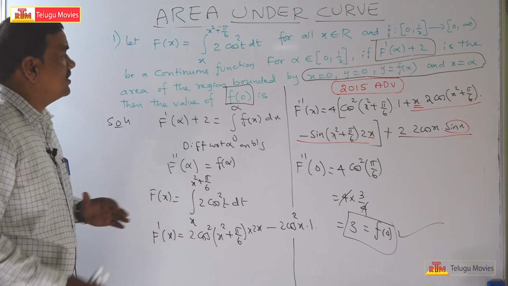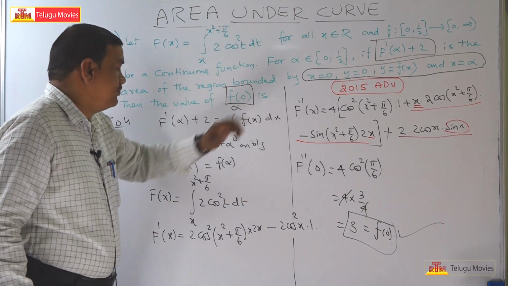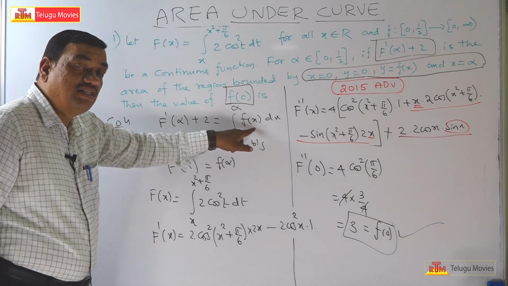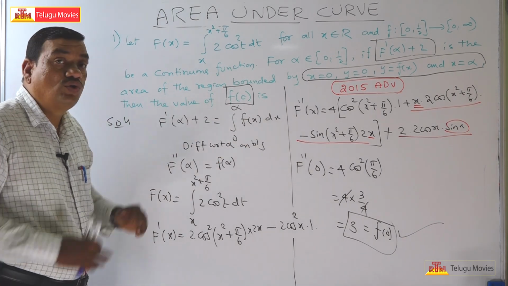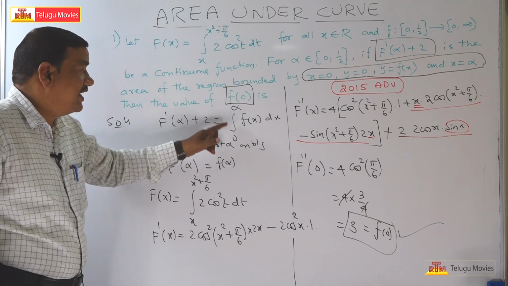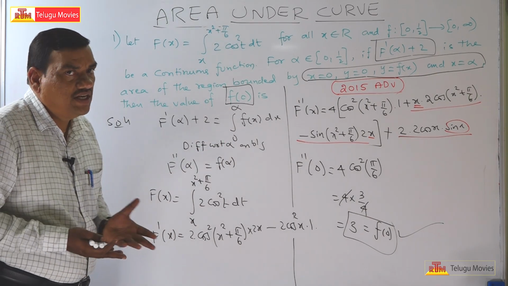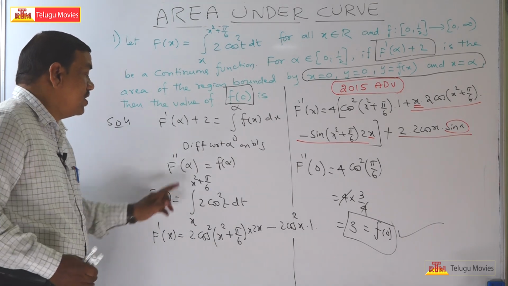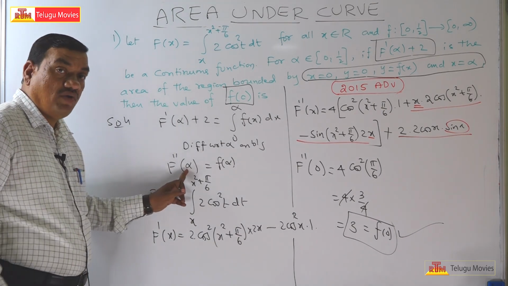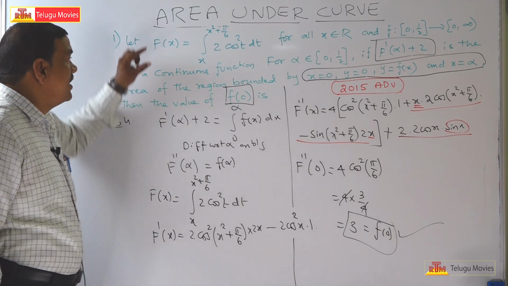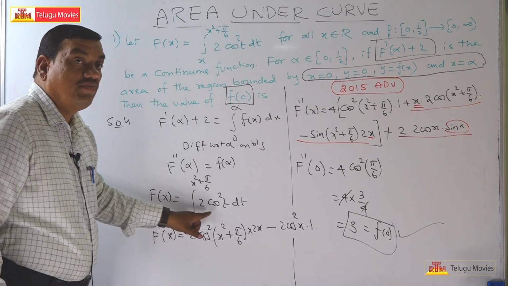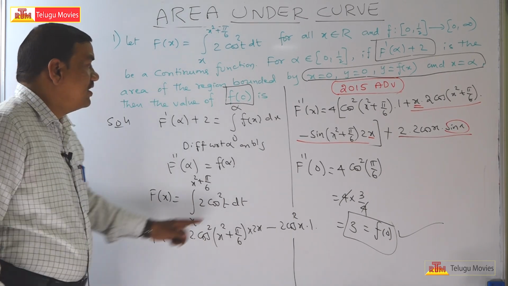Now we want f of 0, so how to do this problem? To find f of 0, we have f of x here. How to remove the integral from 0 to alpha? The only way is differentiating with respect to alpha on both sides. Now F double dash of alpha we want. Already capital F of x is given, and we want the 2 times derivative.